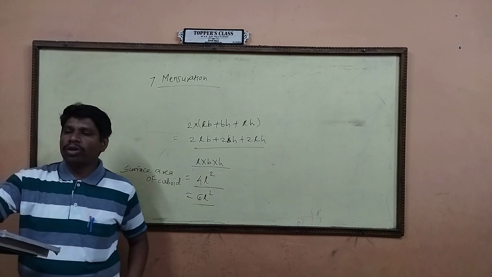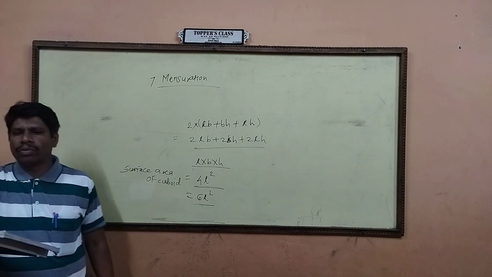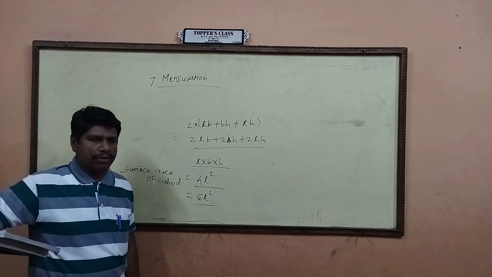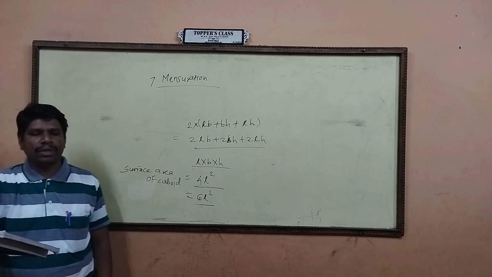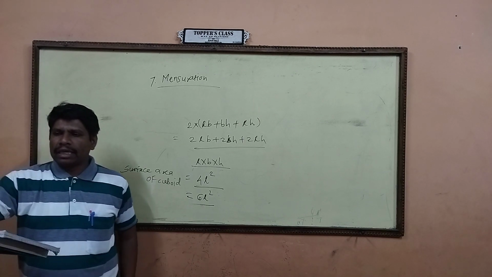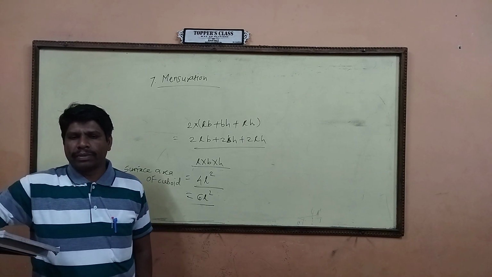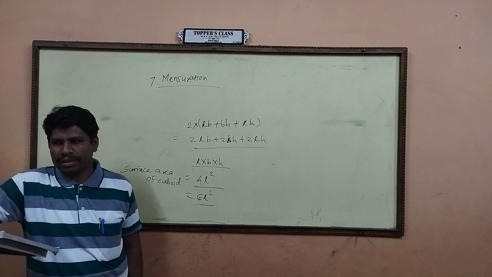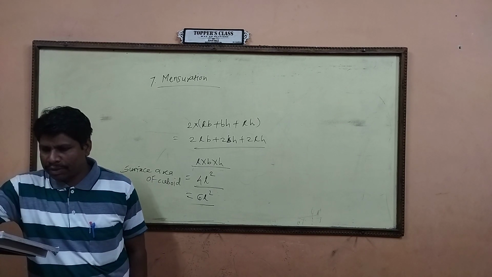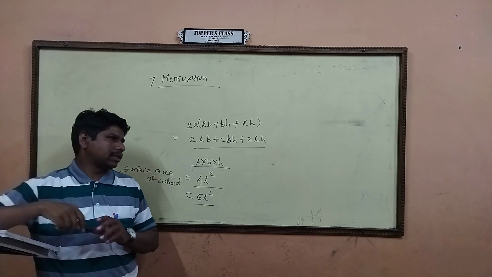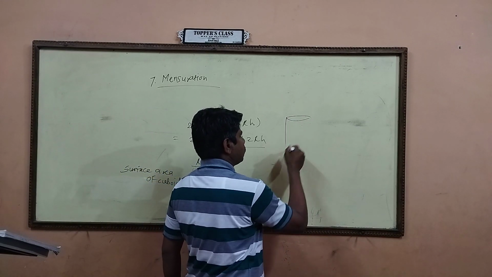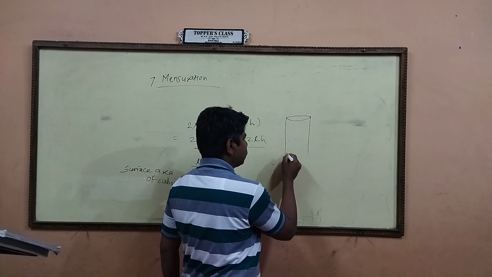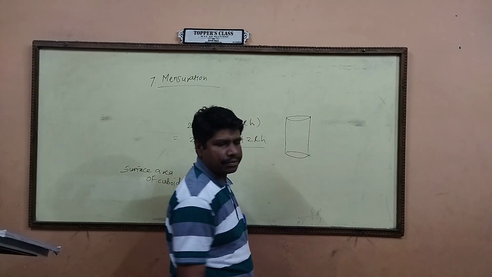Then volume. When we have to find the volume of a cube, we take the cube of the side. Then the cylinder, like the gas cylinder we use at home; a jar or a bottle also has this cylindrical shape.